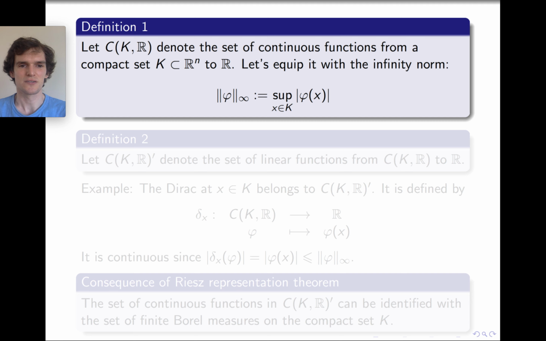So first, let's consider definition 1. Let C(K, R) denote the set of continuous functions from a compact set K, which is a subset of R^n, to R. We can equip it with the infinity norm, the supremum over the feasible set of the absolute value of phi(x).